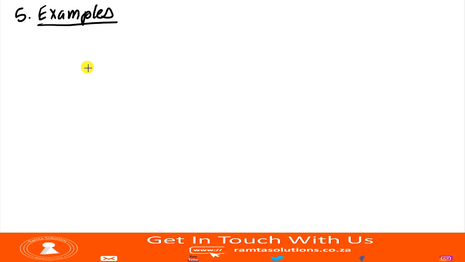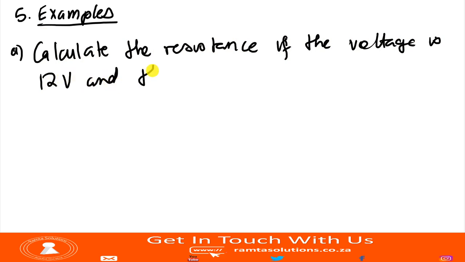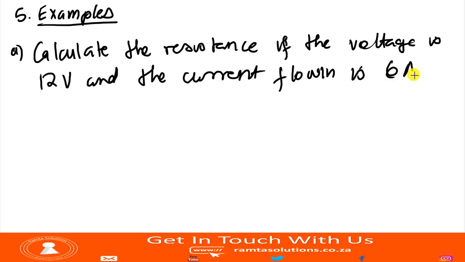Example A: Calculate the resistance if the voltage is 12 volts and the current flowing is 6 amperes.